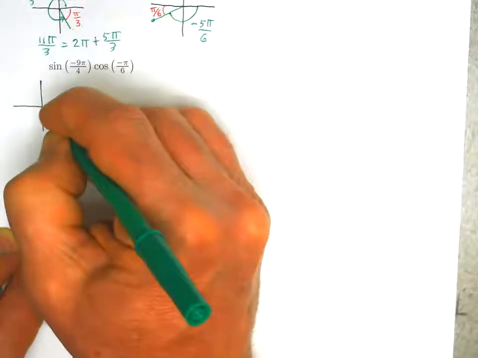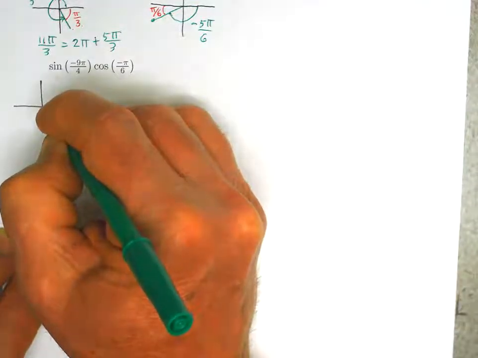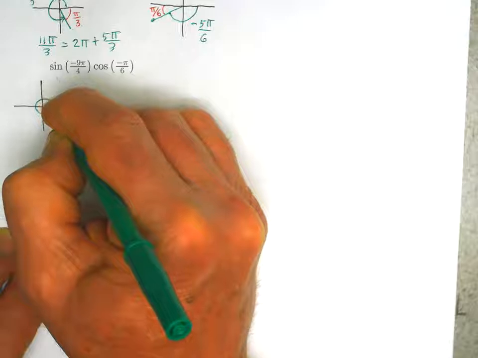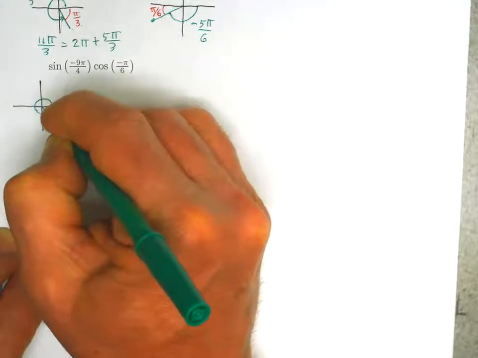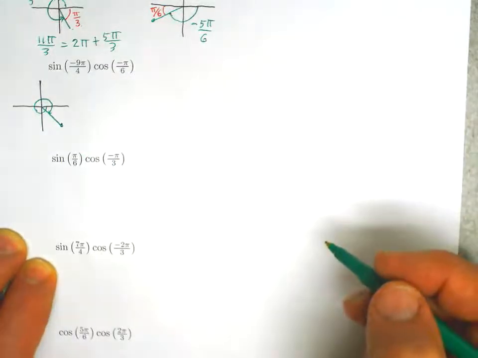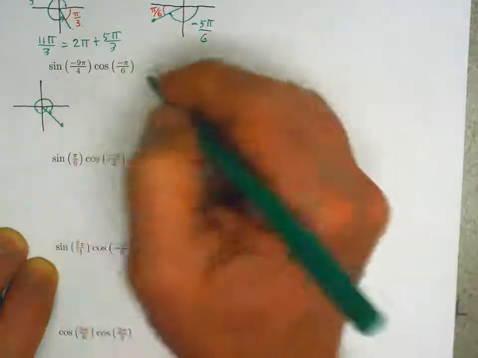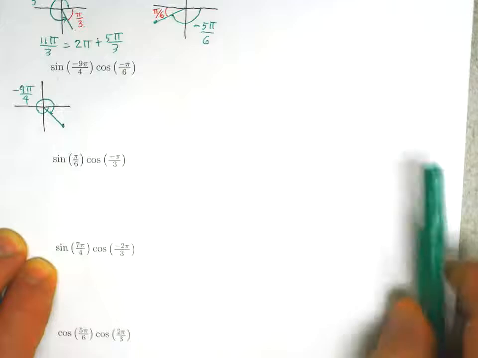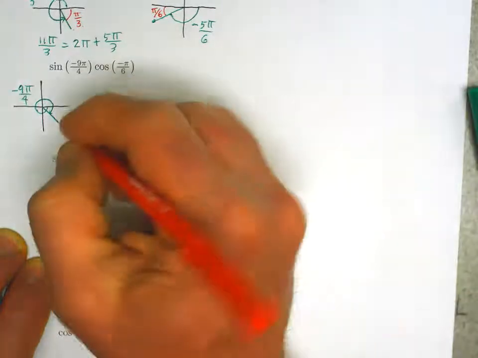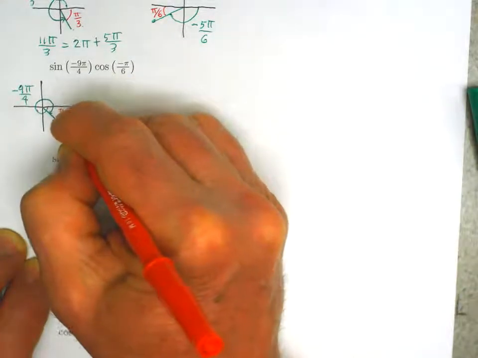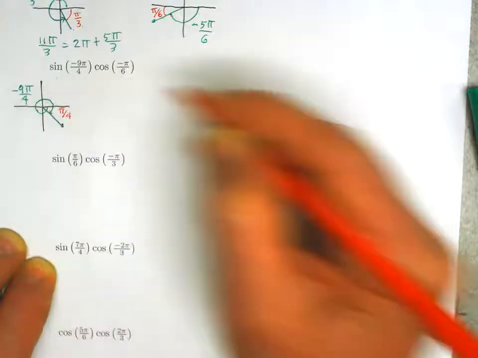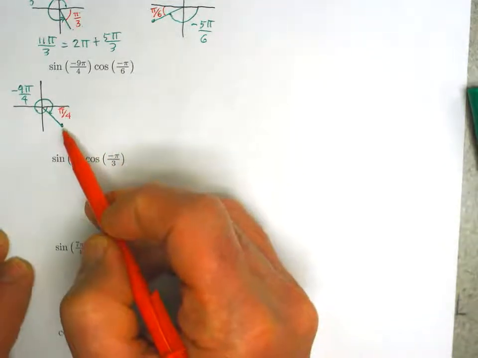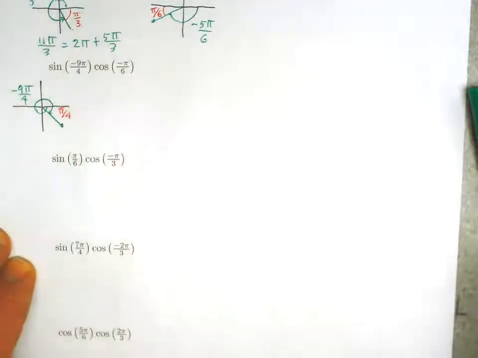So clockwise, one complete revolution, and then pi over 4 more than one complete revolution. So this is negative 9 pi over 4, and the reference angle is pi over 4. And in the fourth quadrant, sine is negative. We'll keep that in mind.